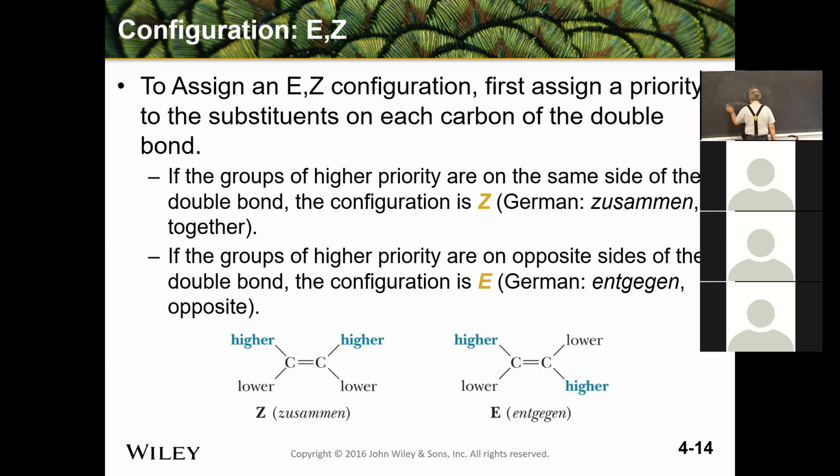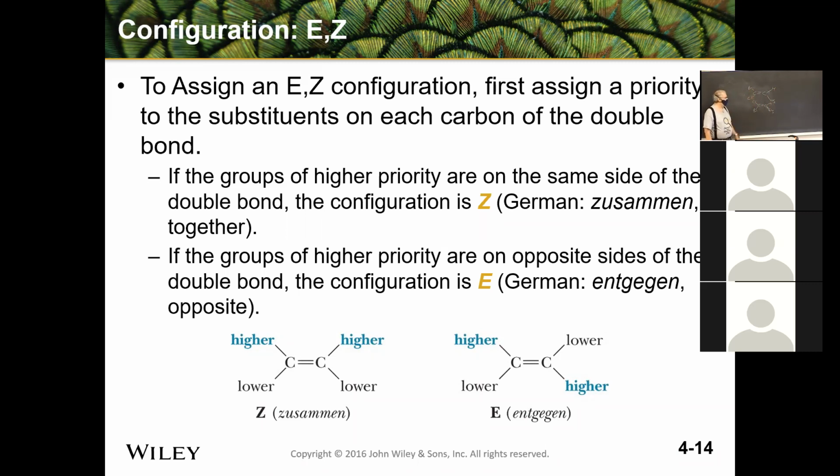For example, here I've got geometric isomers that have 4 different groups.